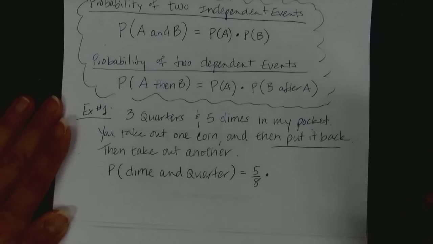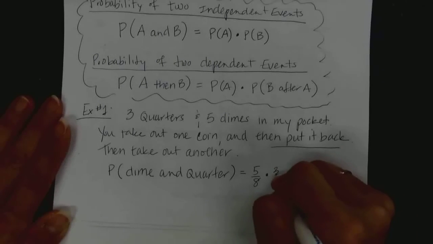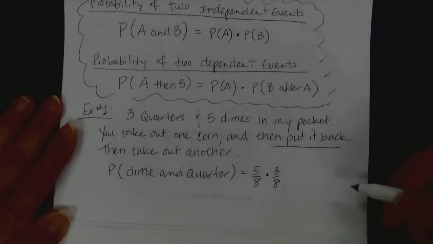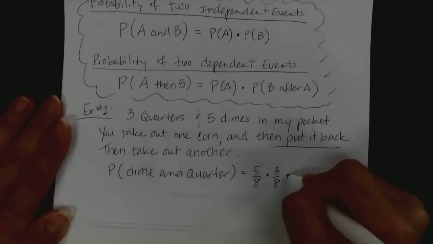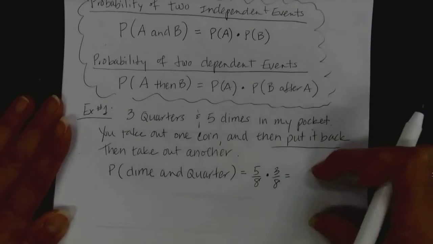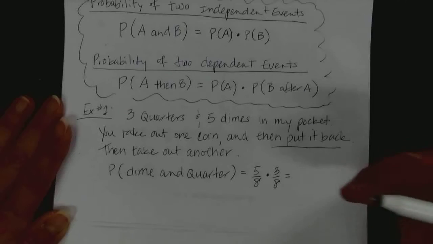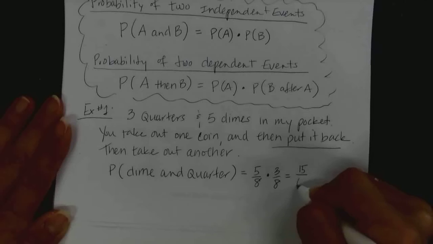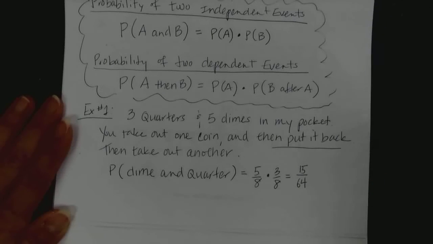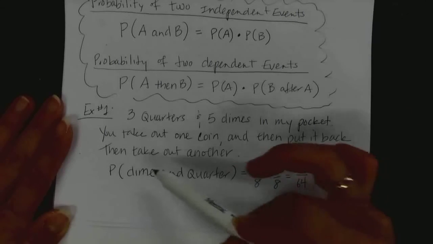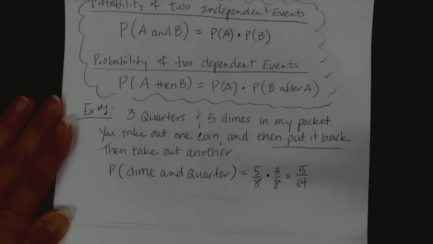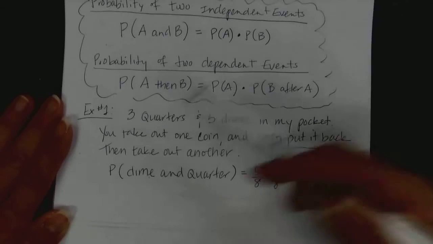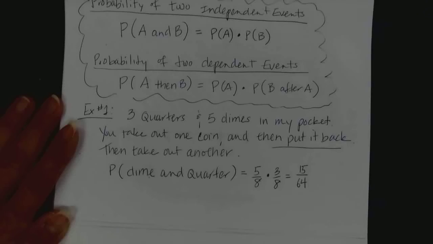What is the probability of taking out a quarter? 3 out of 8. The total amount did not change because we put it back, so these are independent of each other. So you just multiply straight across. You do not need a common denominator when you're multiplying fractions. 15 over 64. That is the probability of independent events where a dime is put back and then a quarter is taken out. Any questions with this one? No. Okay.